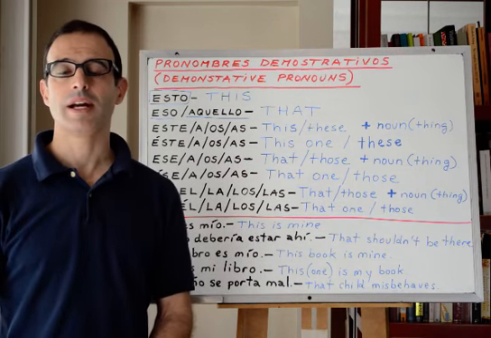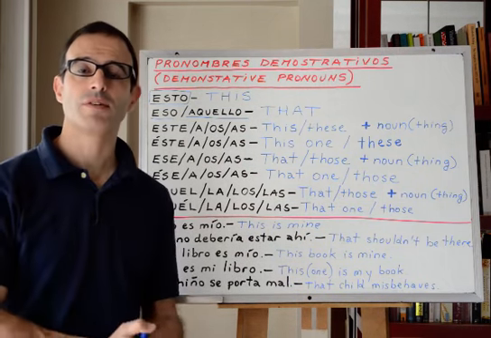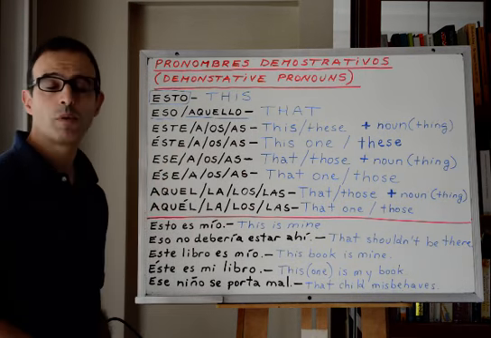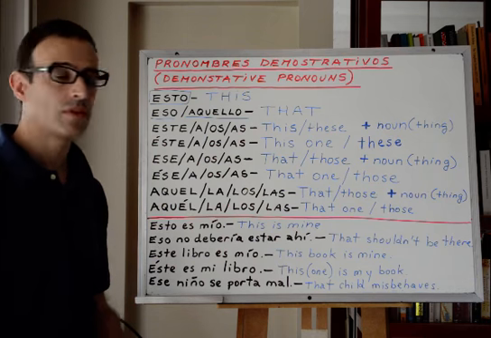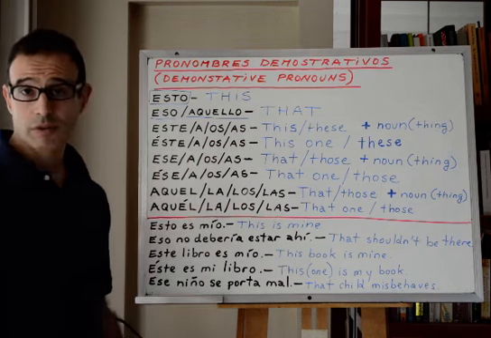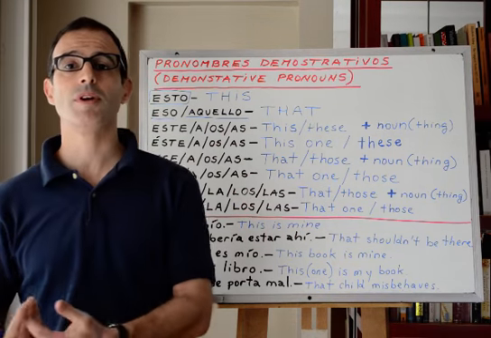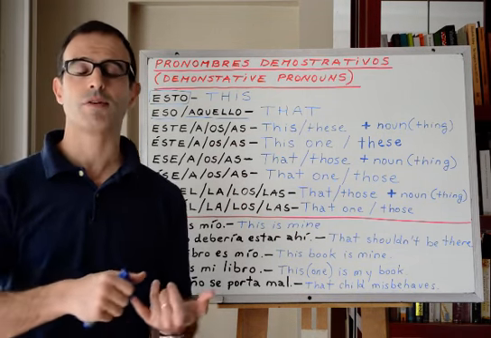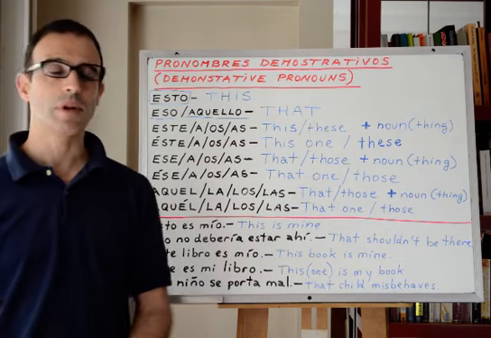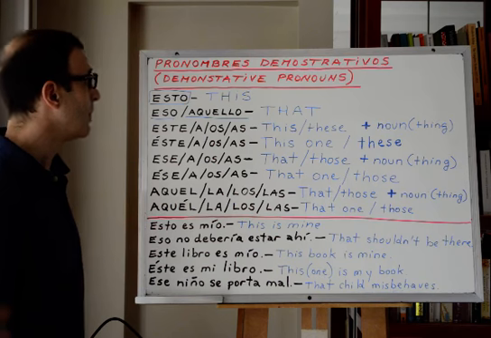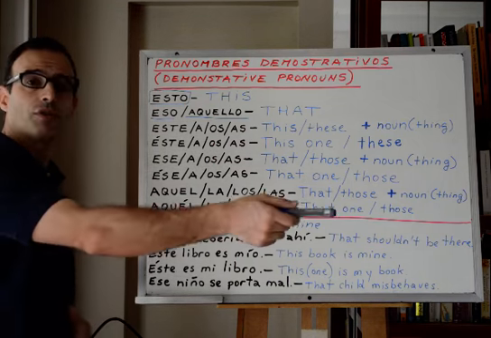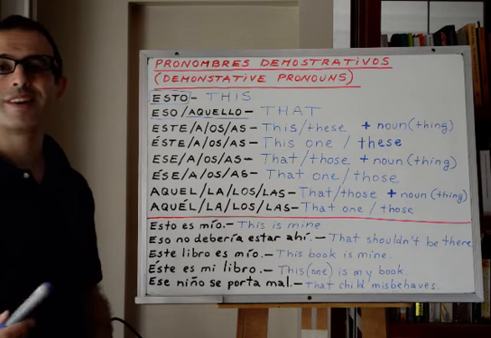I don't see anybody making any difference between how they use aquello and eso. So I would tell you to use them as synonyms, okay? And these two stand for that, and they have no different ending for masculine or feminine, singular or plural, etc. Okay? So, esto, quiero esto, I want this. Quiero eso or quiero aquello, I want that.